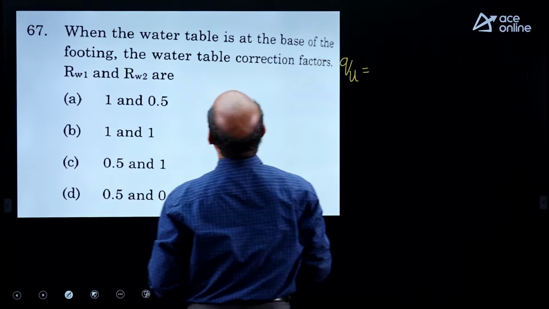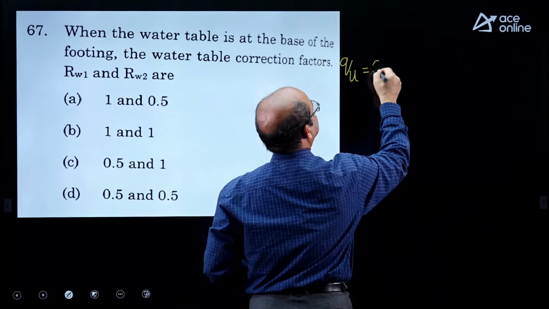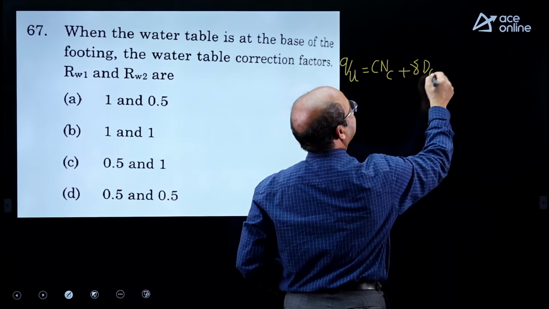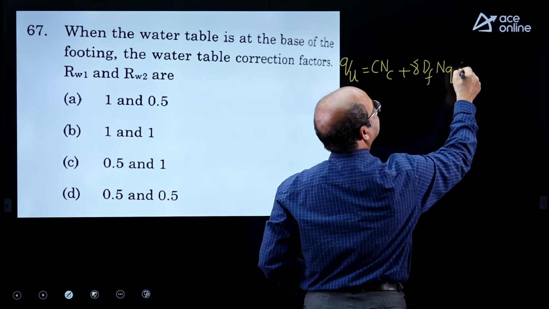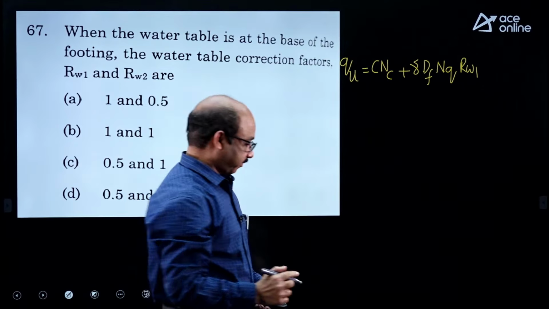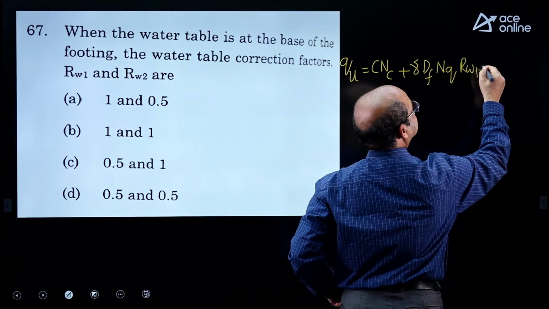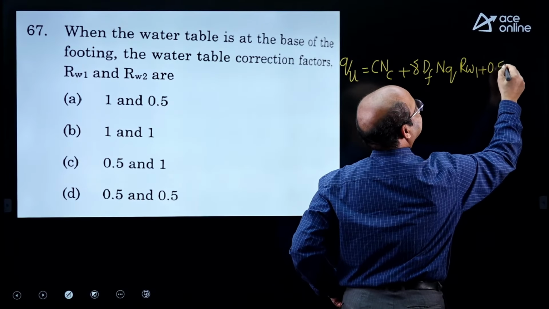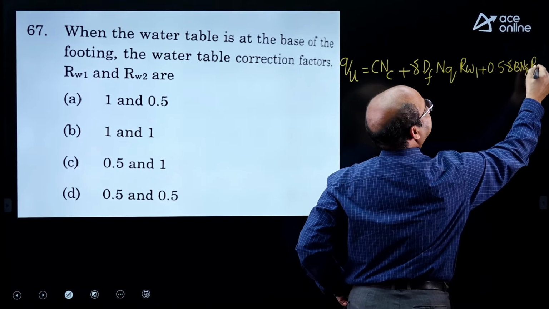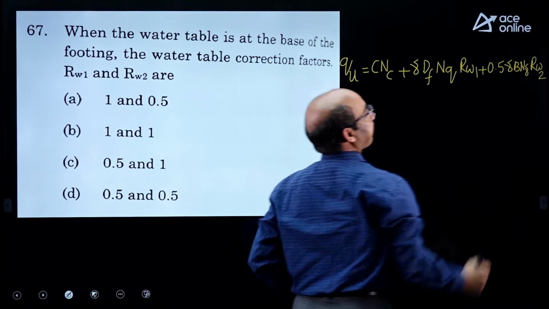Ultimate bearing capacity is equal to cNc plus gamma Df Nq, here comes the RW1, nothing but water table correction factor, plus 0.5 gamma B N gamma into RW2.